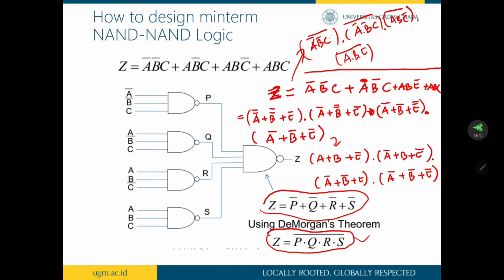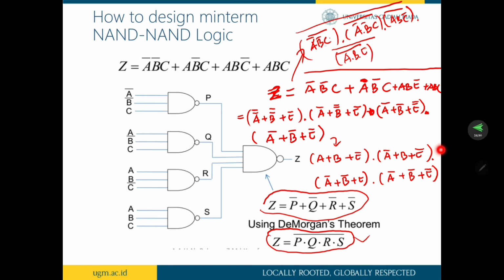So if we want to get this, this is the end form. If we get the form of this expression using the De Morgan theorem, then we not again to get the Z expression.